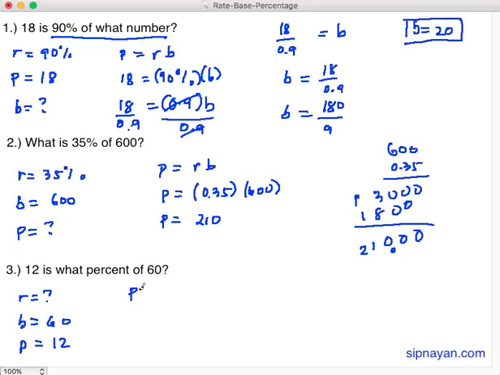Again, we use the formula P equals RB. So 12 equals rate, which is unknown, times base, which is 60. Then we divide both sides by 60 para R na lang yung matira sa kanan. So R equals 12 over 60.